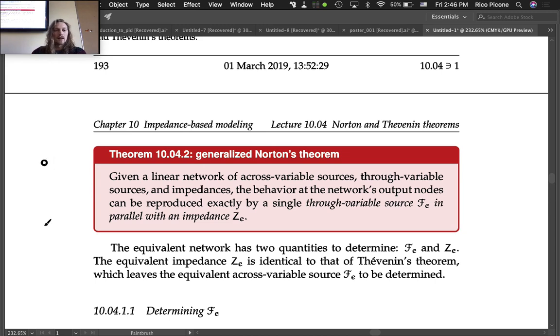So that looks like a through variable source with generalized through variable FE in parallel with an equivalent impedance, ZE. That ZE is the same as the Thevenin equivalent impedance, so we know how to find that already.